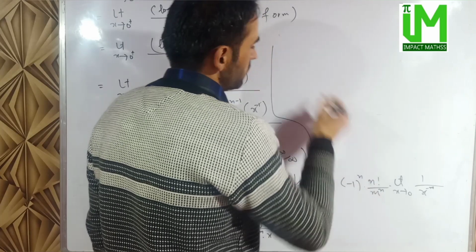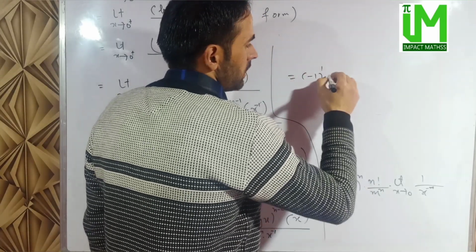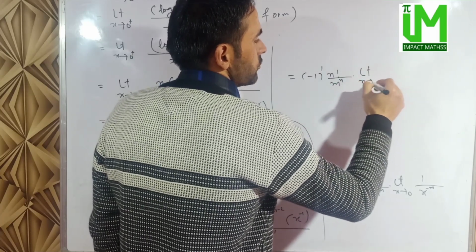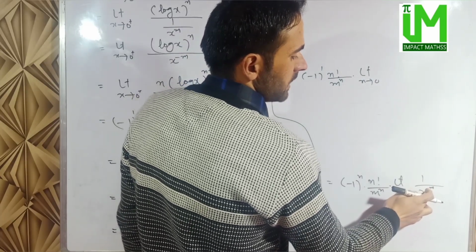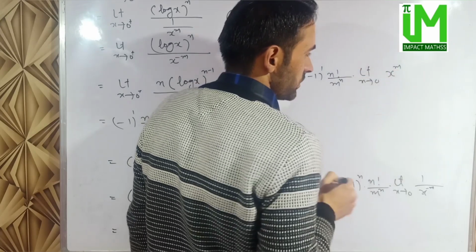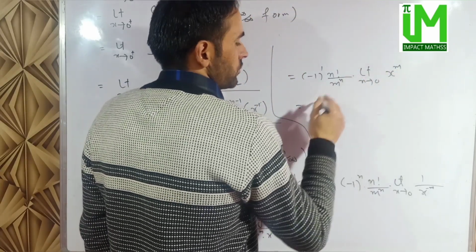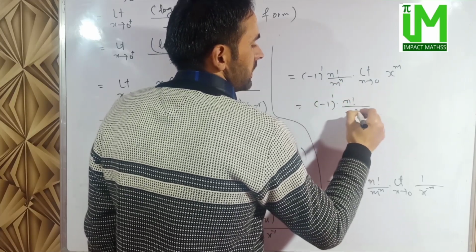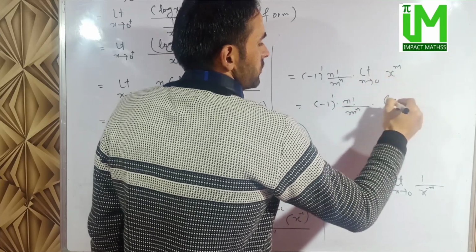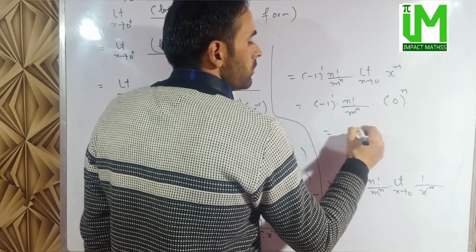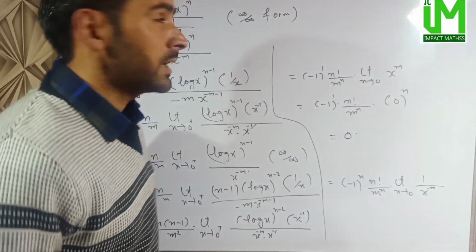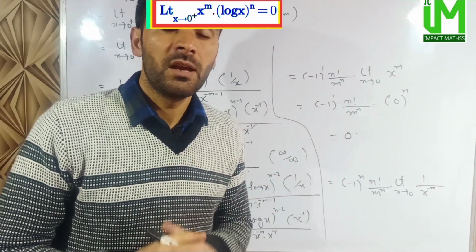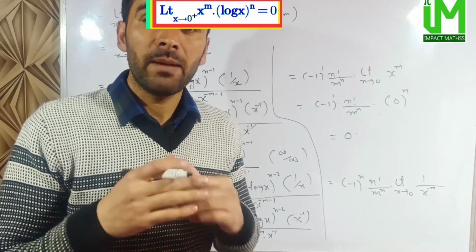Now we can write this as minus 1 raised to power 1 into n factorial divided by m raised to power n into limit x approaches to 0, so 1 divided by x raised to power minus m को हम ऐसे भी लिख सकते हैं x raised to power m, so when x approaches to 0, so it will be minus 1 raised to power 1 into n factorial divided by m raised to power n into when x approaches to 0, so it will be 0 raised to power m, so this whole thing will be 0, which means the limiting value of limit x approaches to 0 x raised to power m into log of x raised to power n, where m may be different from n or m is equal to n.